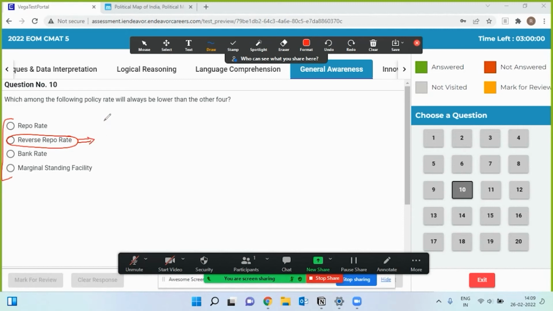that these three rates, repo rate, bank rate, and marginal standing facilities, these are the three rates on which RBI gives loan to the banks, which means these three are income for RBI. Correct?